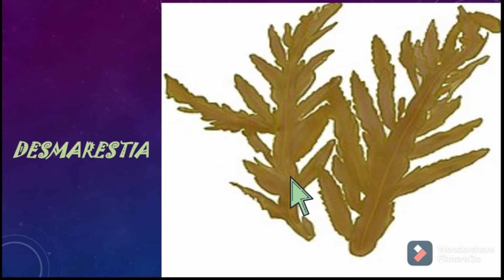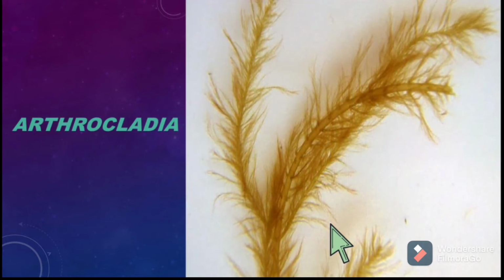Here you can see that in the lower region of the plant body the lateral branches become rhizoidal, and they coil around the main axis to form a compact pseudoparenchymatous cortex around the main axis.